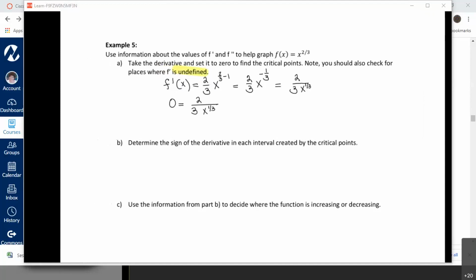What's my next algebra step in solving for x? Feel free to unmute if it's too much to type. What would I do next?